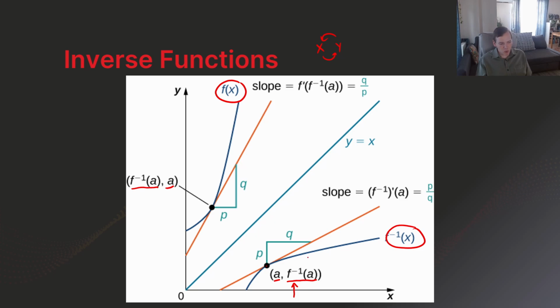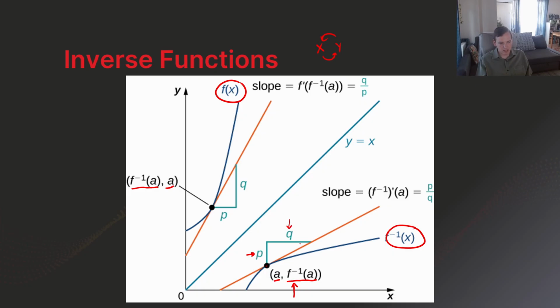Now, if I move slightly on my function, or if I look at my tangent line slope, from when we looked at the instantaneous rate of change, that can be looked at as a change in y over a change in x. So that change in y we see right here for my inverse function is p.